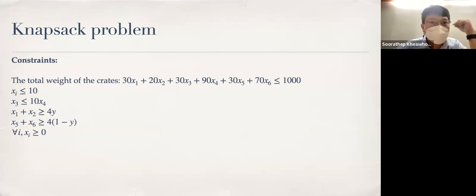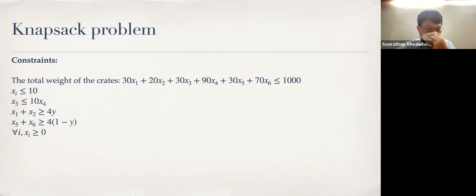Just multiply the weight of each crate by the number of crates of each type, and then sum up all types. So 30x1 plus 20x2 plus 30x3 plus 90x4, 30x5, and 70x6. Totally, this number must be less than or equal to 1,000. Should be no problem, right?